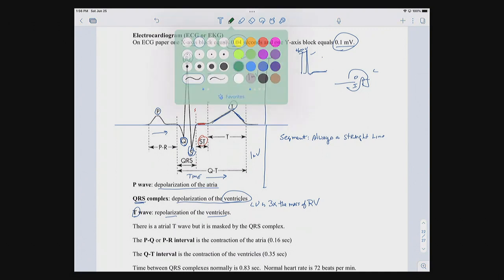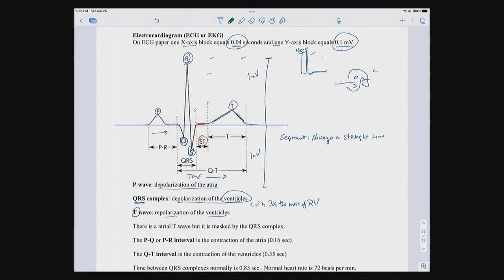In distinction of that, we have an interval. An interval will always include at least one waveform.